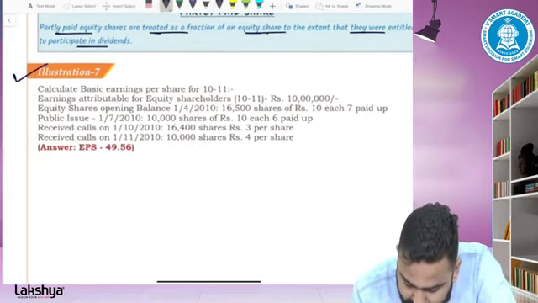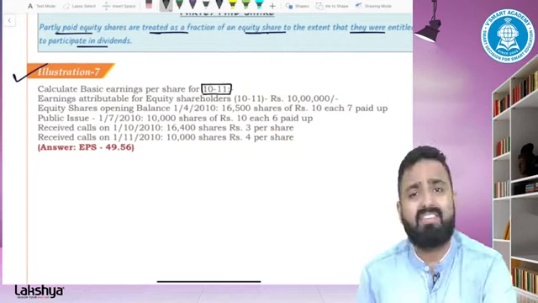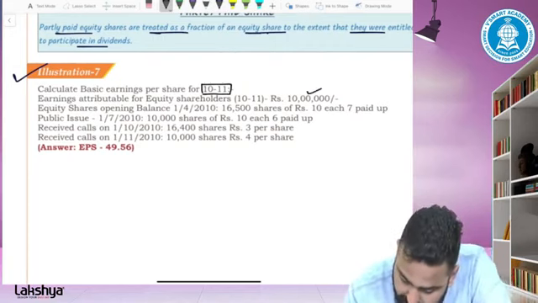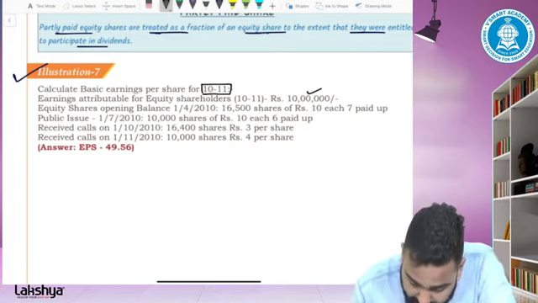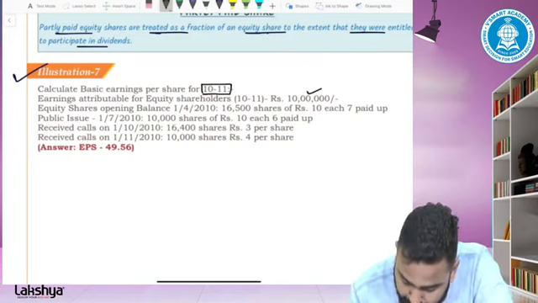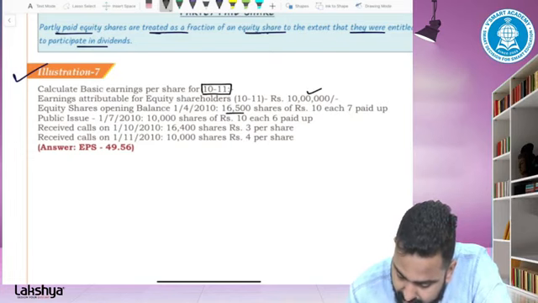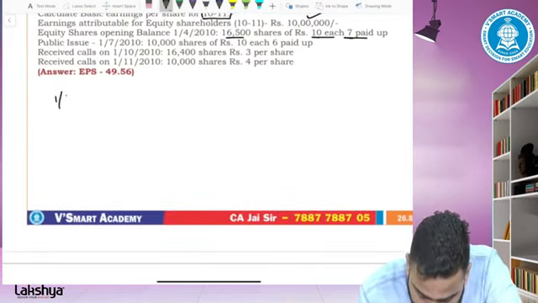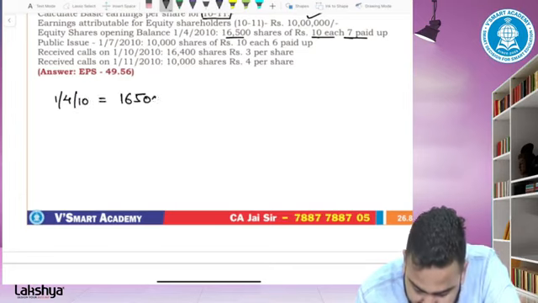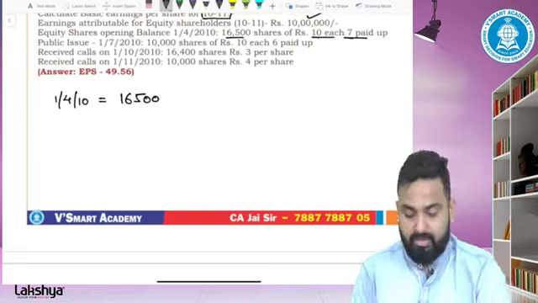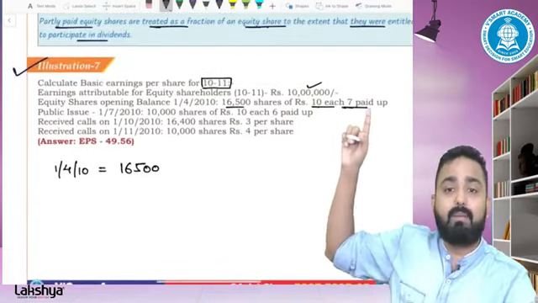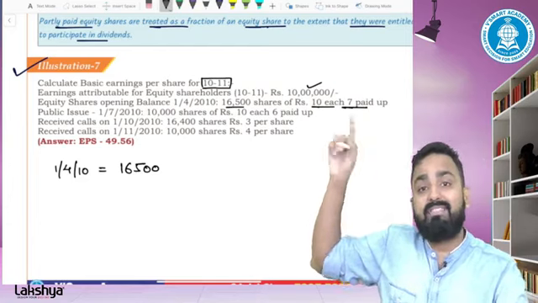Calculate basic earning per share for 10-11. 10-11 is the financial year. Earning attributable to equity shareholders is 10 lakh. Equity share opening balance on 1-4-10 is 16,500 shares of 10 each, 7 paid up. Now see, these are partly paid shares, my dear, with 7 rupees paid up.